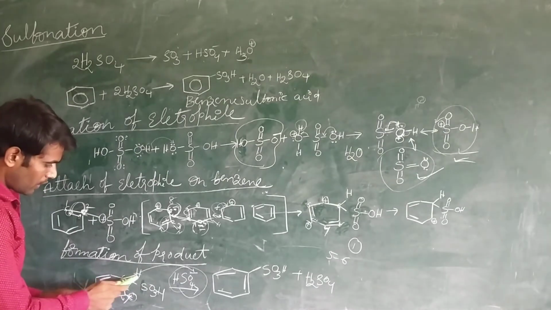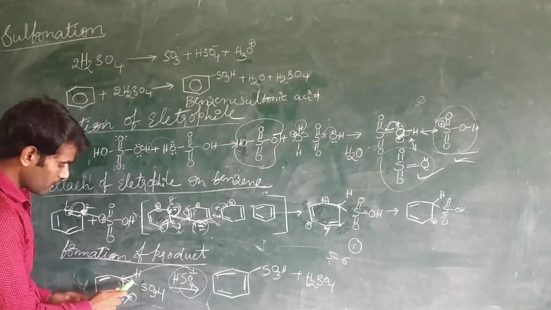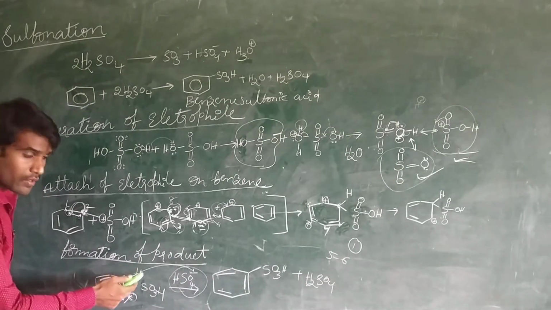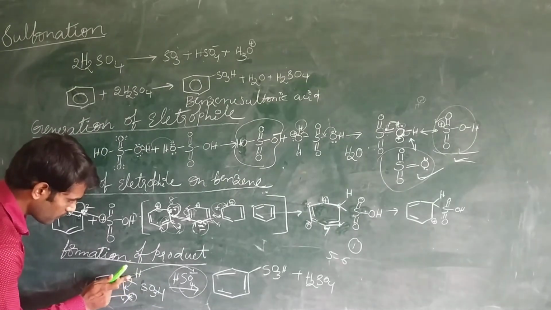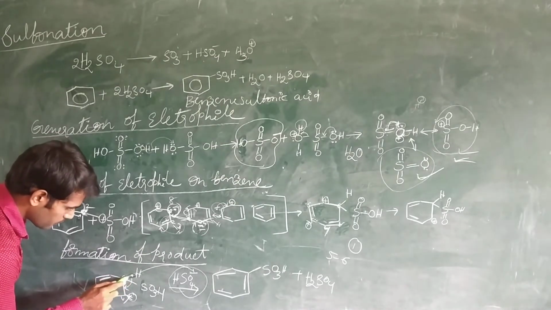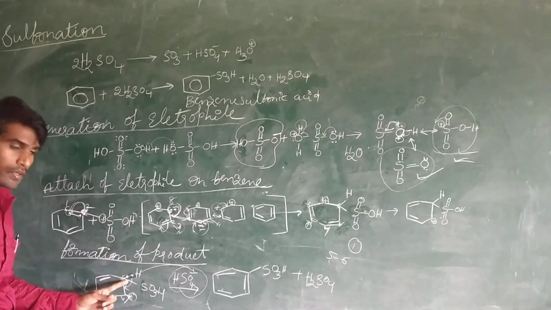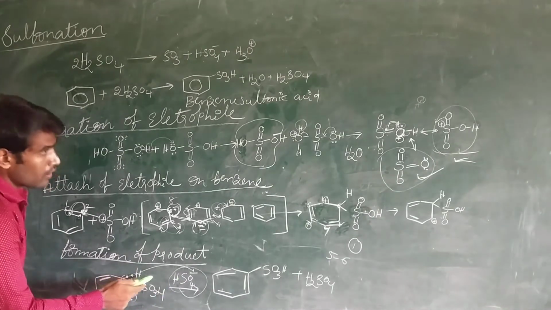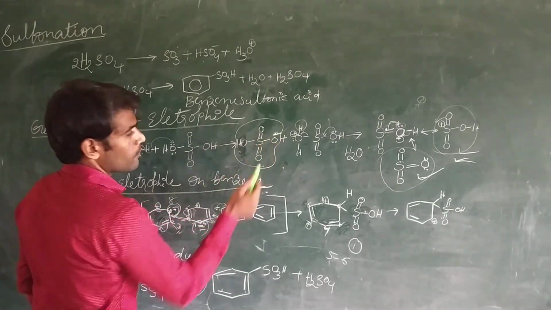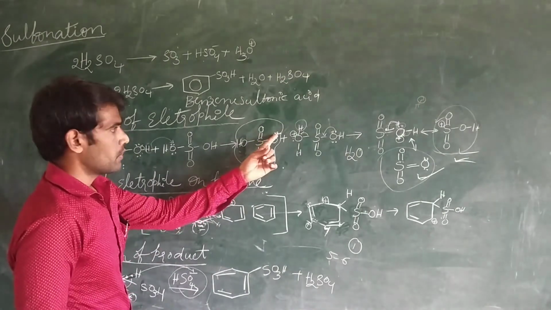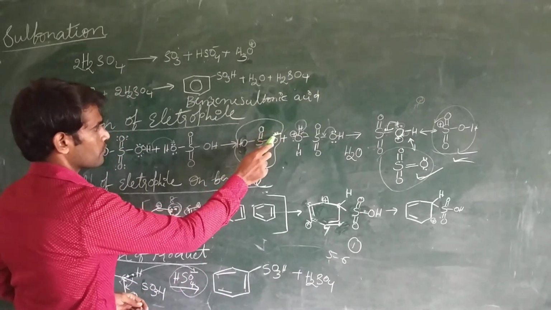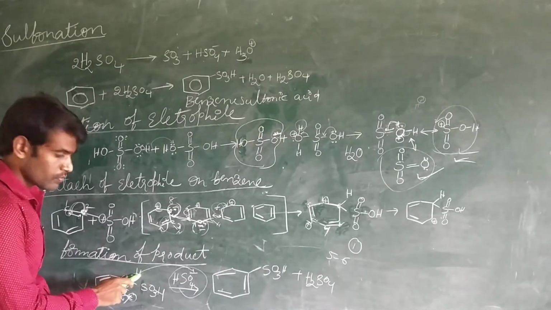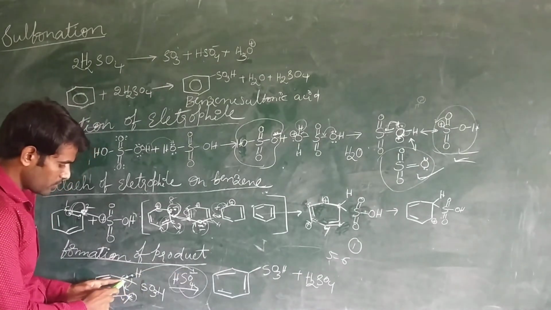Now the bond between the carbon and hydrogen is broken. If there is a bond here, there are two electrons between the carbon and hydrogen, but the oxygen has electrons, and this oxygen atom is pulling this hydrogen from the carbon atom.